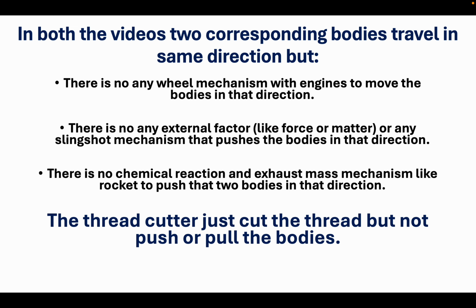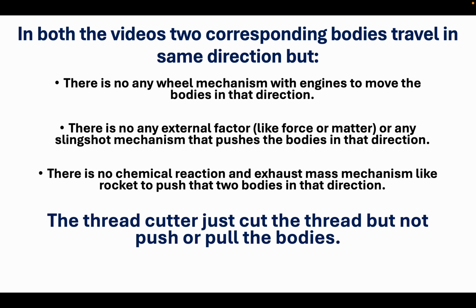In both videos, two corresponding bodies travel in the same direction, but there is no wheel mechanism with engines to move the bodies in that direction. There is no external factor like force or matter or any slingshot mechanism that pushes the bodies in that direction.